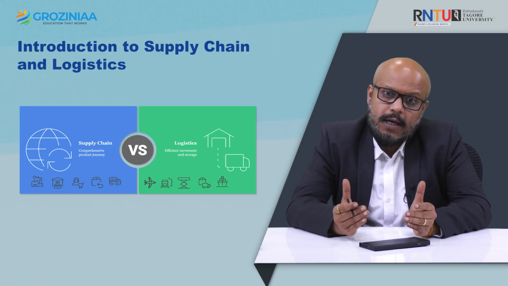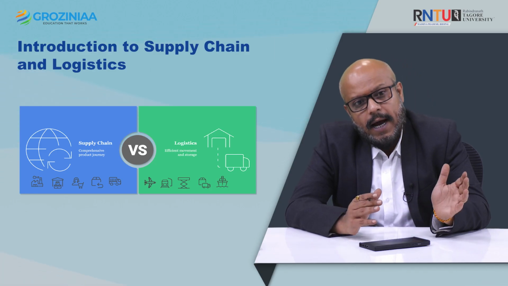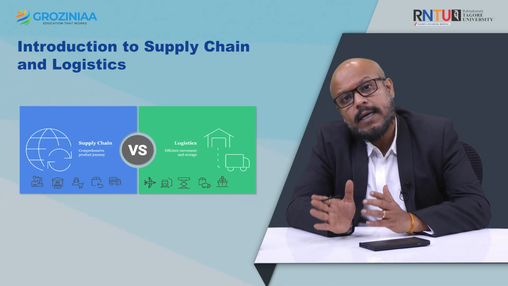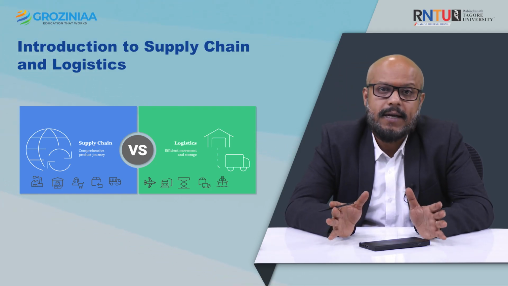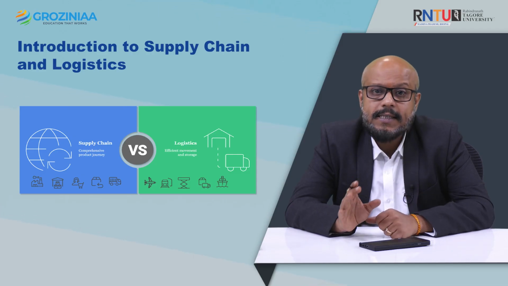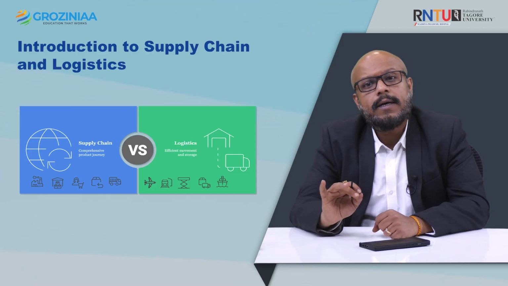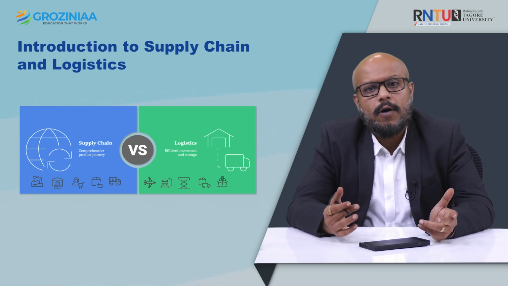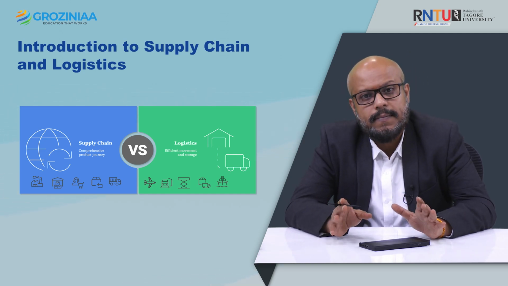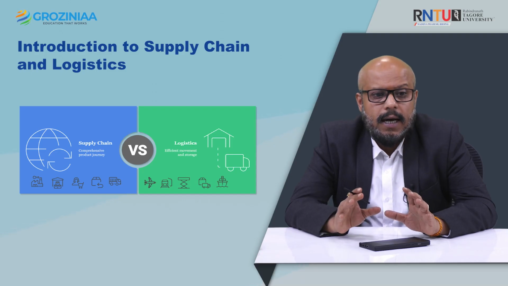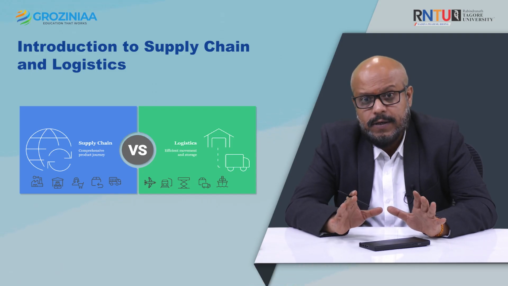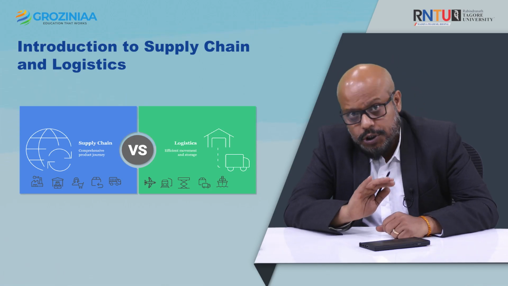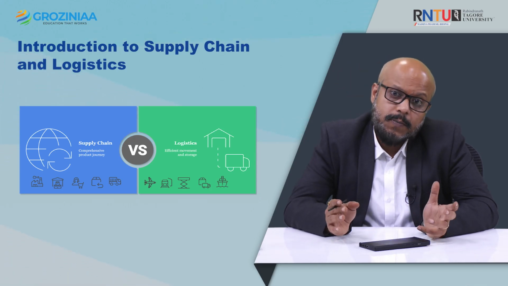As I was just talking about, right from identifying what products or raw materials are required to the delivery up to the customer, that is supply chain management. But logistics is about the physical movement of finished goods or the raw materials required for making that particular product. Logistics can be done in various ways. It can be air cargo, it can be through ship route, it can be through road transport.